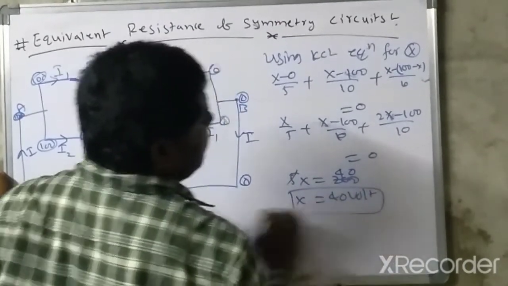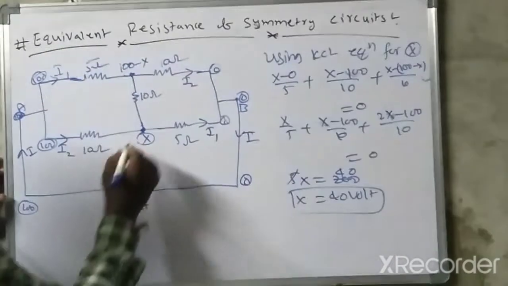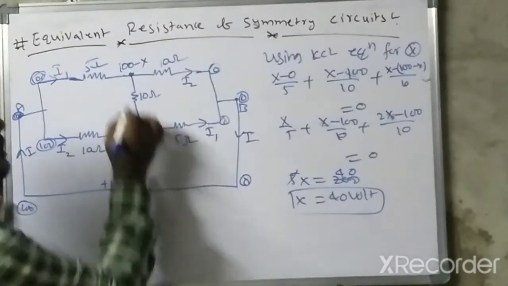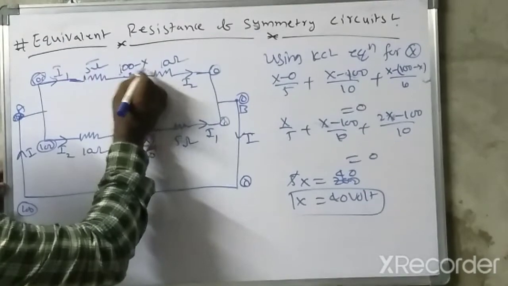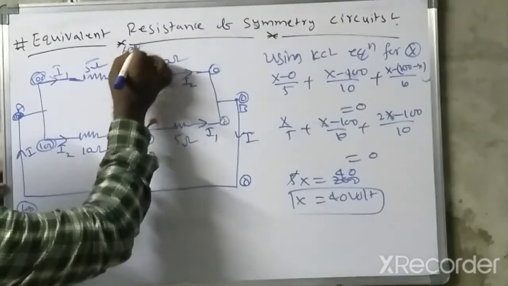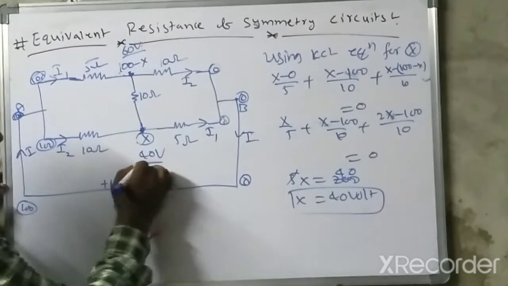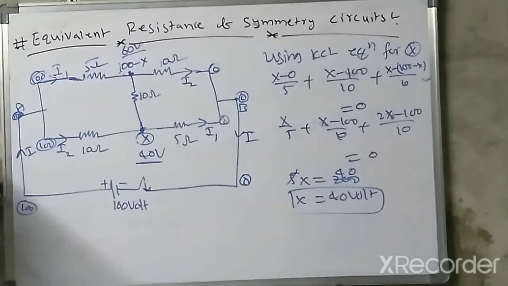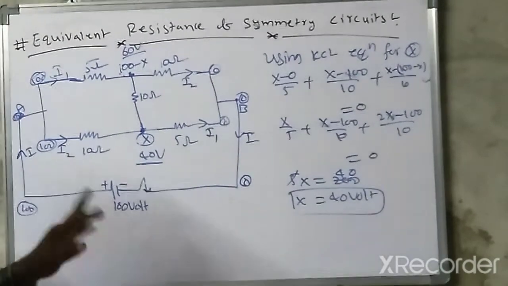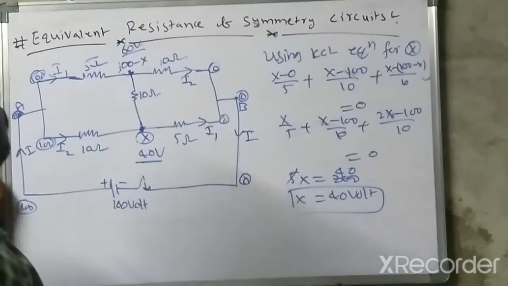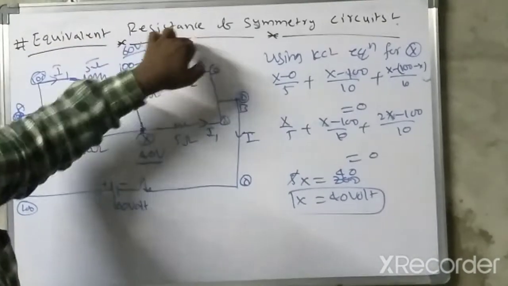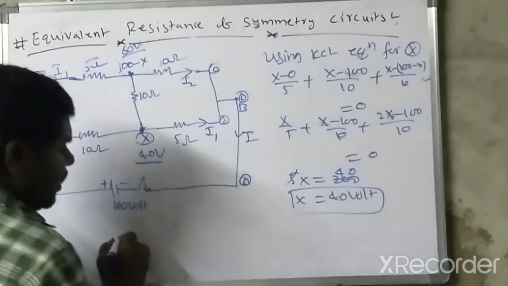X is equal to 40 volt. It means here the 40 volt, and here 100 minus 40, nothing but 60 volt. Once you know the 40 volts, how to find the equivalent resistance?